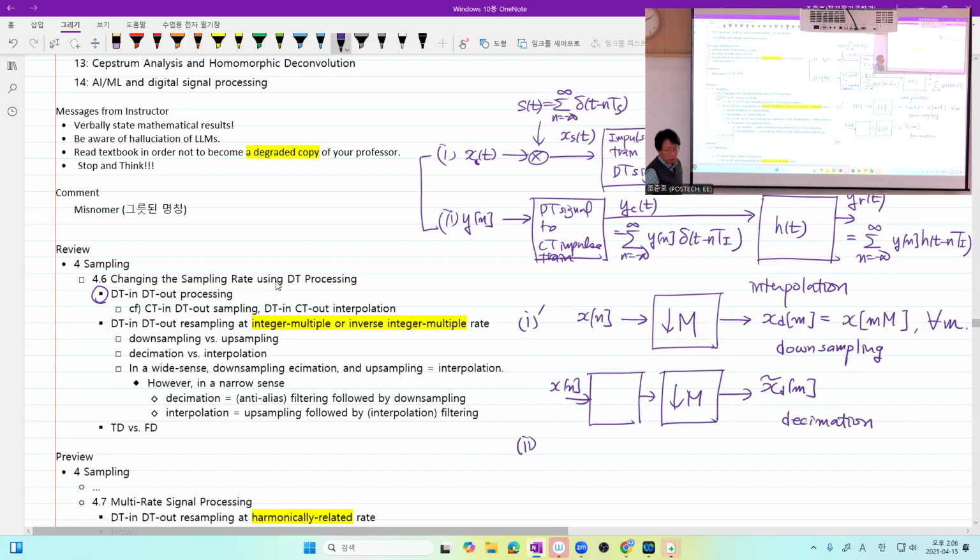And when we have a discrete time signal and we have upsampling by a factor of L, what does that mean?